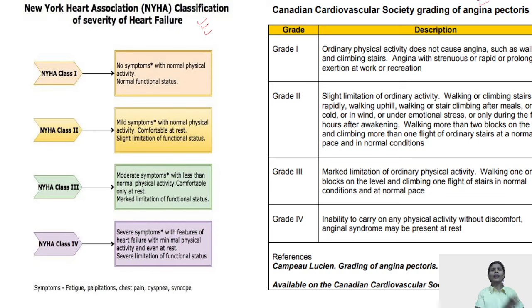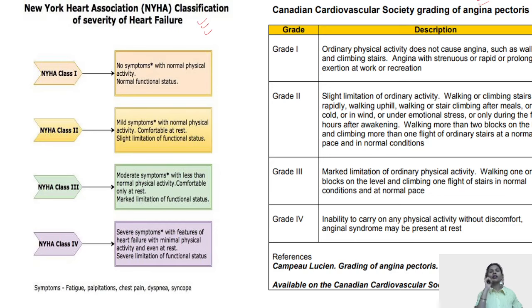In both of them, they are quite similar to each other. 1, 2, 3, 4. 1, normal patient. 2, the patient becomes dyspneic or shows signs and symptoms of angina pectoris in more than normal activity. 3, at less than normal activity, either the patient is dyspneic or shows the signs and symptoms of angina. And class 4, even at rest, the patient is dyspneic.